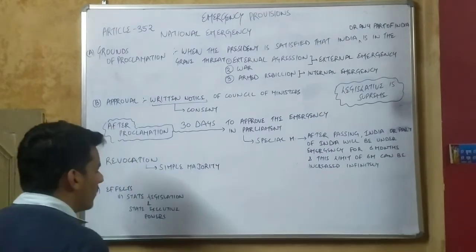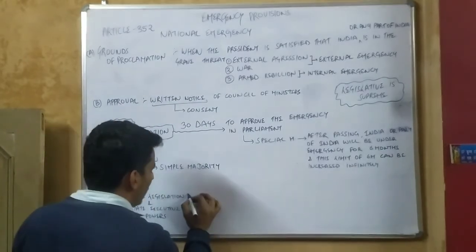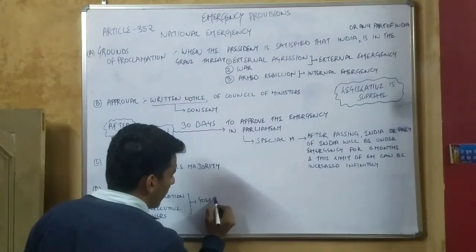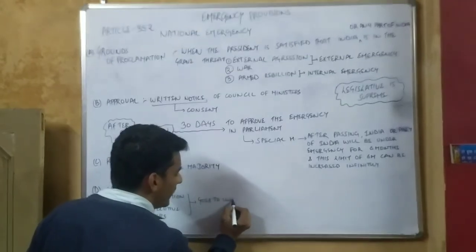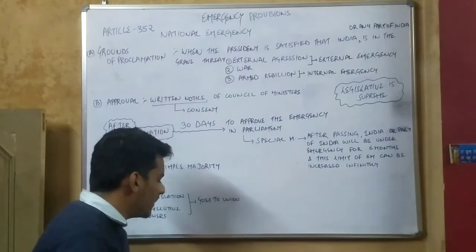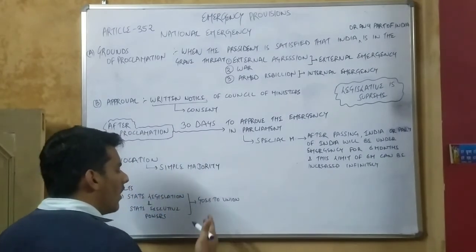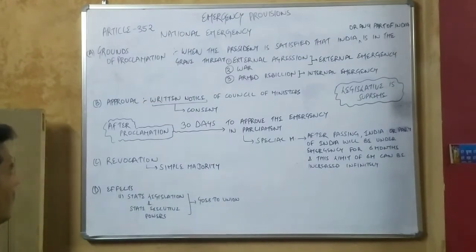Both the powers of making laws and executing them go to the central government, to the union. And you will suddenly see that as we are a federation, we are converted into a unitary country.